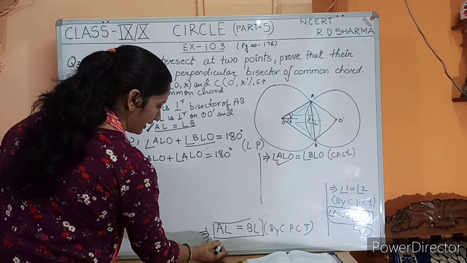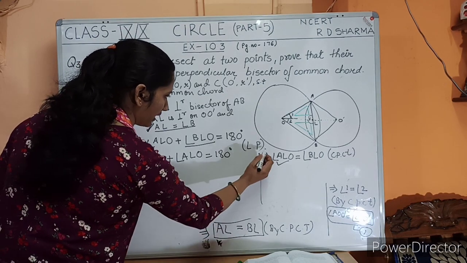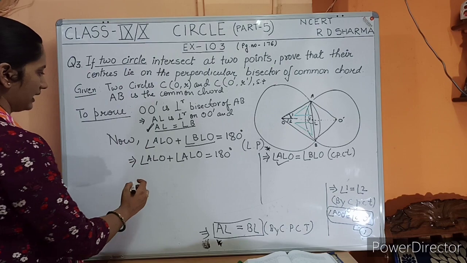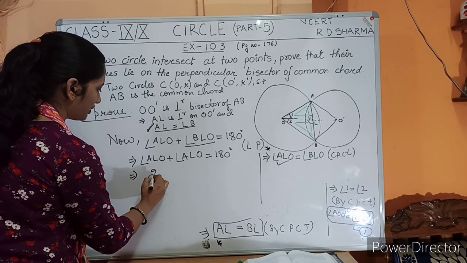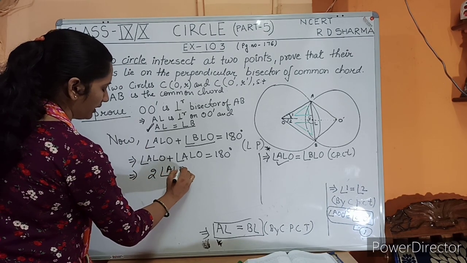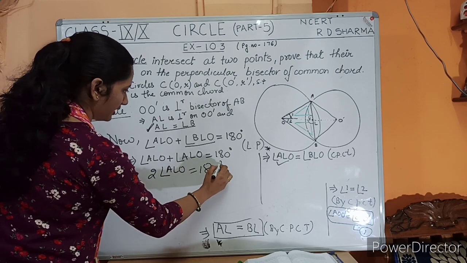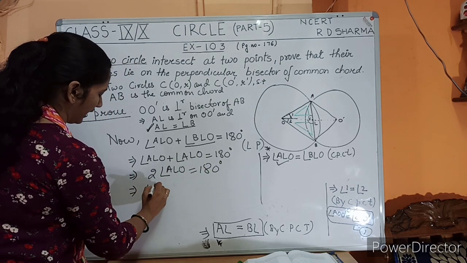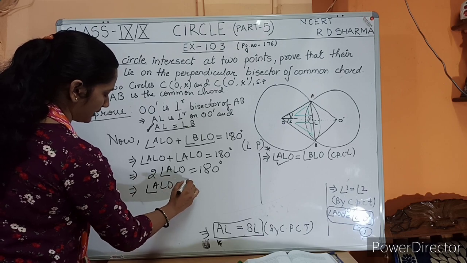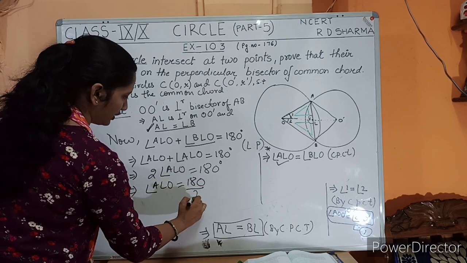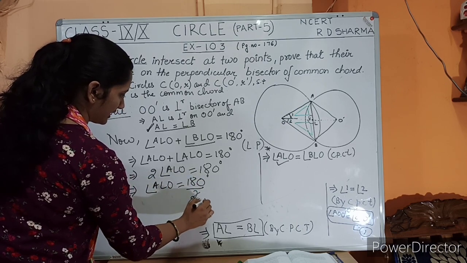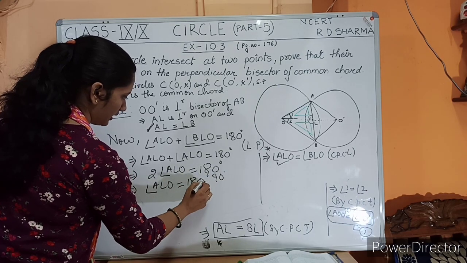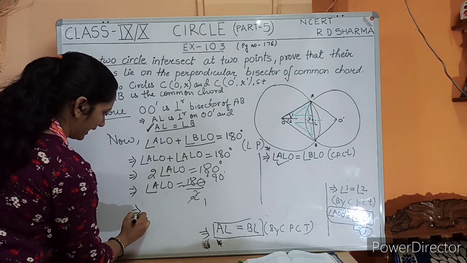You need to write this line here itself. Now this is nothing but twice of angle ALO is equal to 180 degrees, or we can say angle ALO is 180 by 2. That just cancels out. That is nothing but 90 degrees.